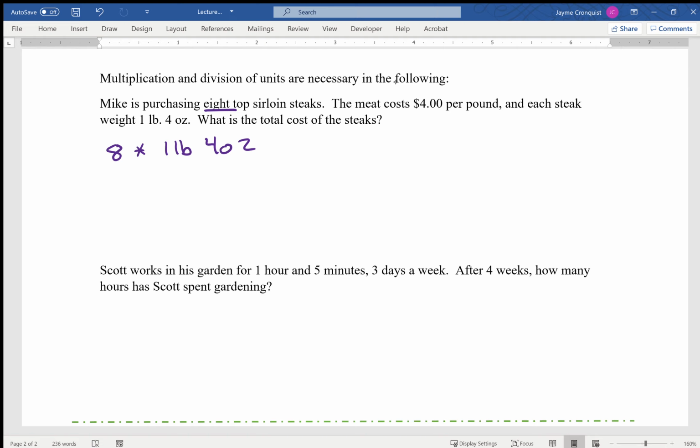Right? So that's going to give us, well, the cost per pound is what we are given, so we need to have this in pounds. So the first thing I'm going to do is convert that 1 pound 4 ounces. Well, 1 pound is 32 ounces, I think. Hang on a second.